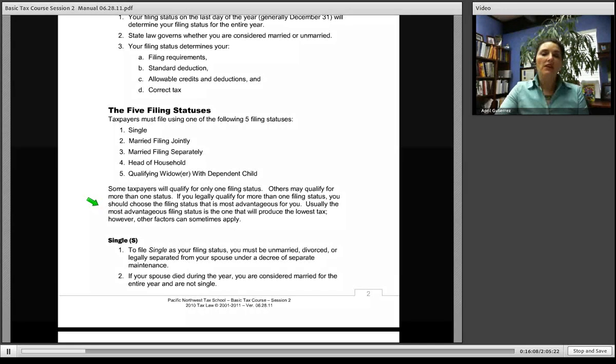And just to give you an example of a factor that might apply, married filing separately is generally considered to be the worst filing status for a number of different tax reasons. However, an individual may elect to file separately rather than married filing jointly because they do not want to be held jointly responsible or severally responsible for the tax liability of the other spouse.